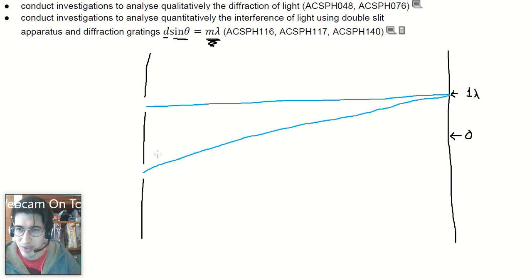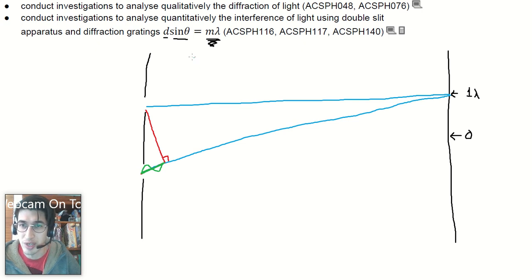In fact, if I drew a line across here, making this a right angle here, this length down here, which I should have done in a different color, this length in green here is the difference in path length, is one full wavelength, because that's what's been added on in order to create constructive interference. There needed to be 1 extra wavelength in this bottom one compared to this top one here.